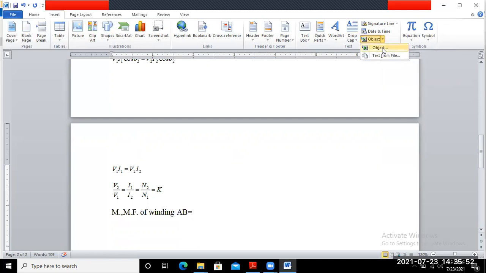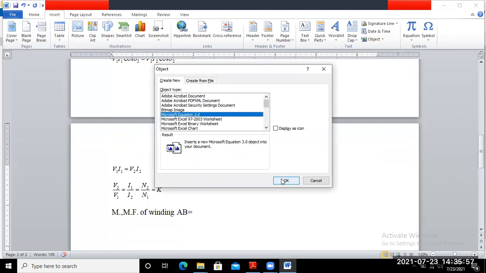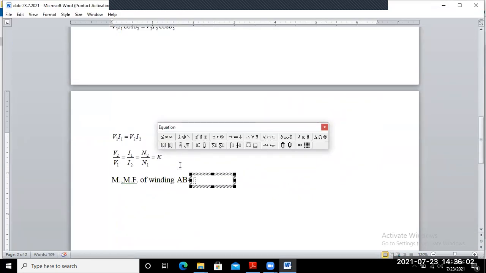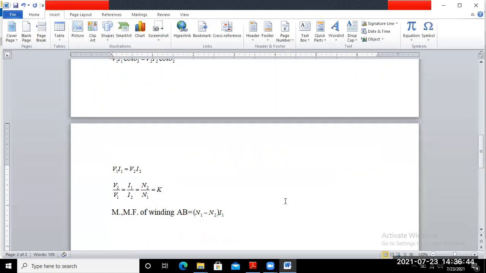So N1 minus N2 into I1. If you multiply this I1 with N1 minus N2, you will get N1 I1 minus N2 I1.